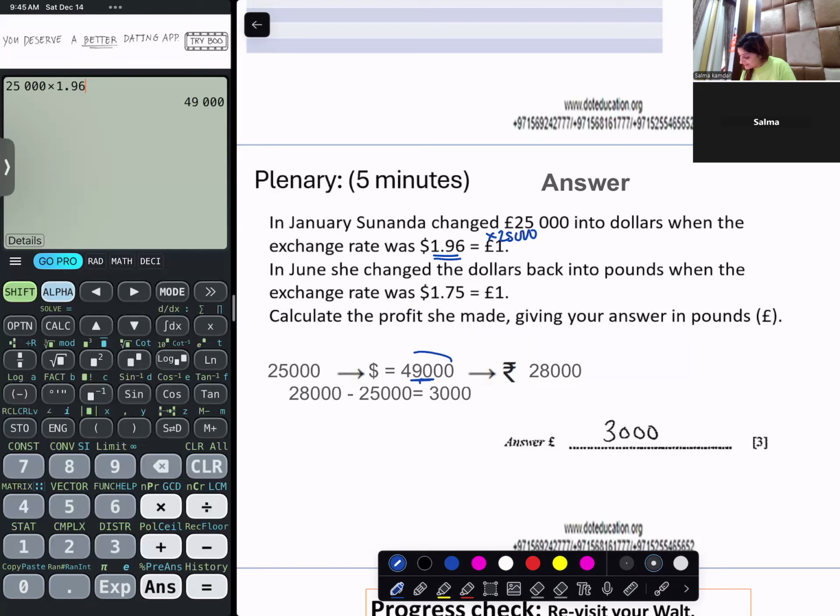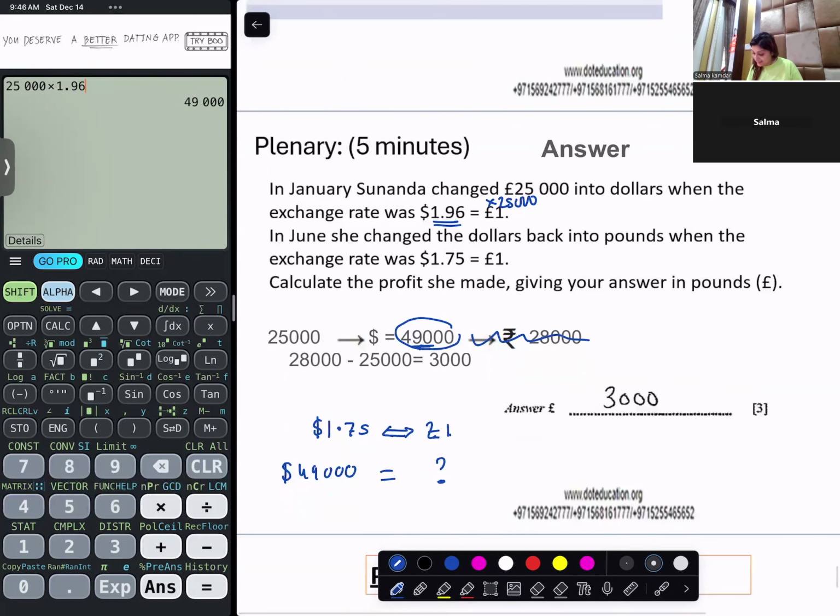So she had $49,000, and the exchange rate was $1.75 for every pound. So how many pounds did she get? 49,000 divided by 1.75. So she got 28,000 pounds.